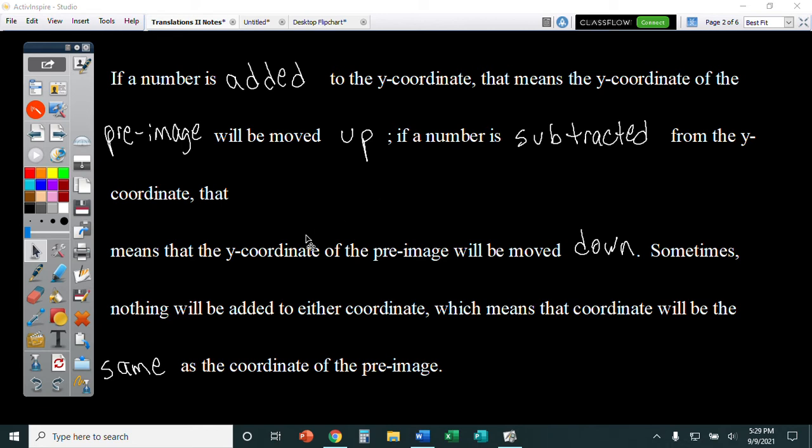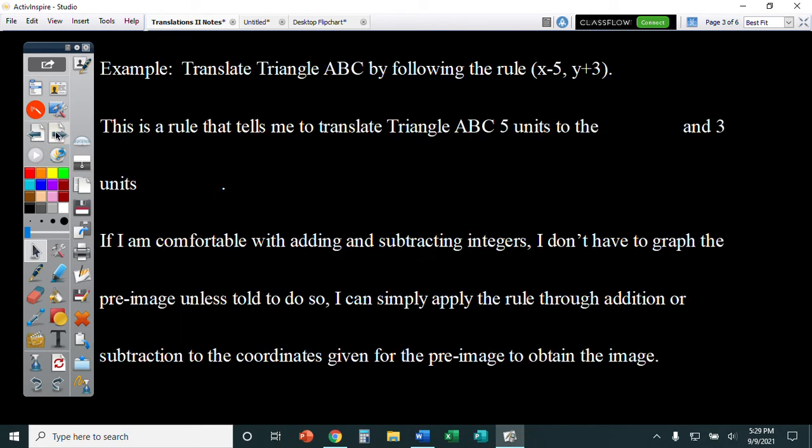Okay, so let's see what that looks like. Now, this isn't drawn out, but we can just look at what this rule is telling us, okay? It doesn't matter what the triangle is. It says translate a triangle by the following rule, x minus 5, y plus 3.